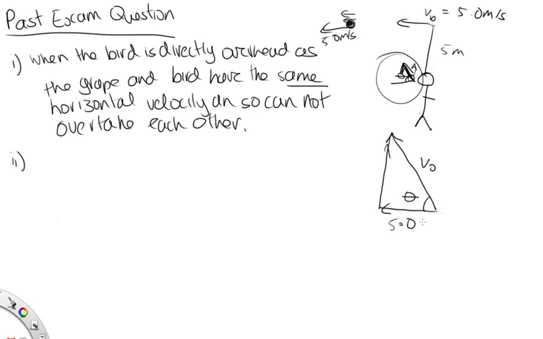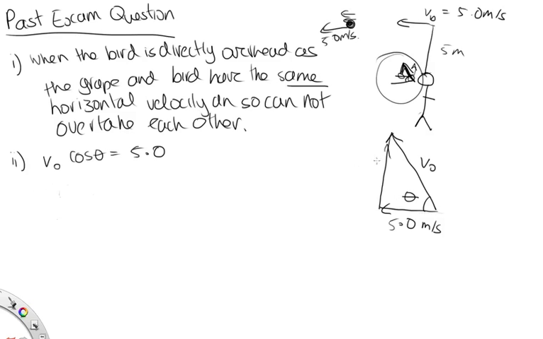So this is 5.0 meters per second. Okay, so V0 cos theta is equal to 5.0. That's one point. The other point is that when it reaches the bird, the vertical velocity must be 0.